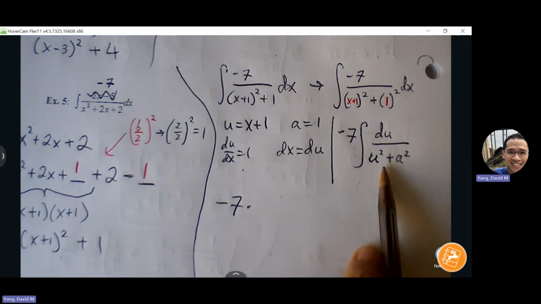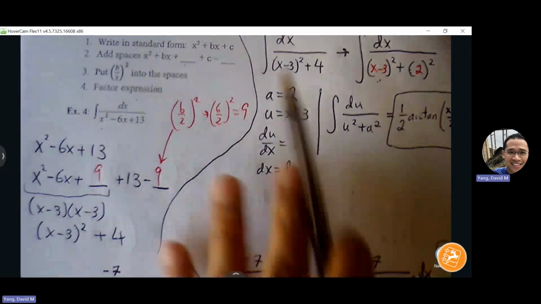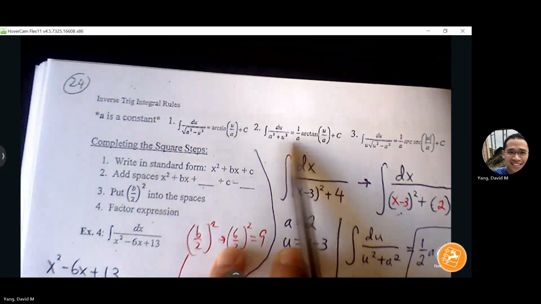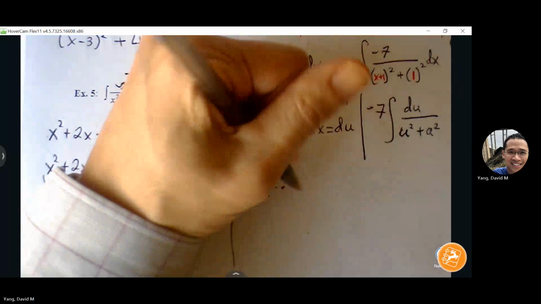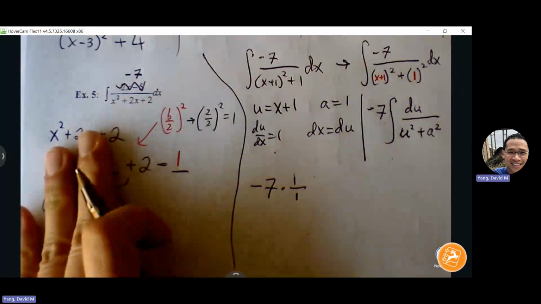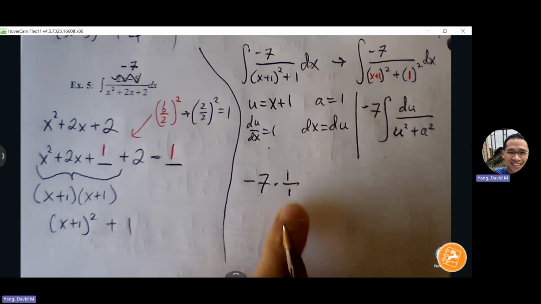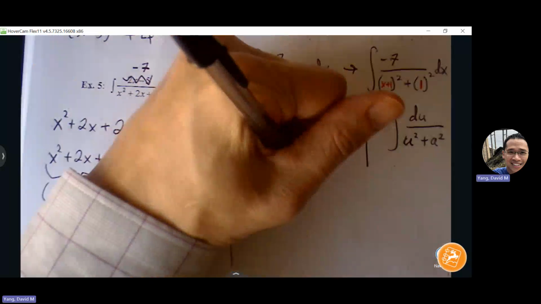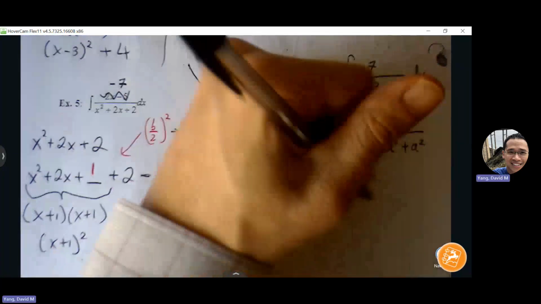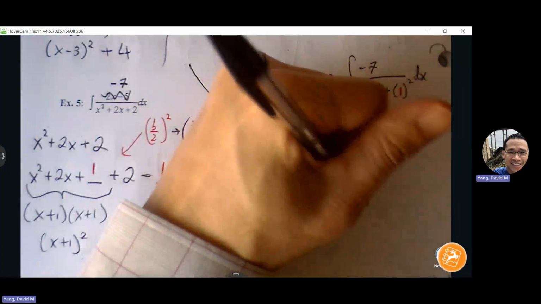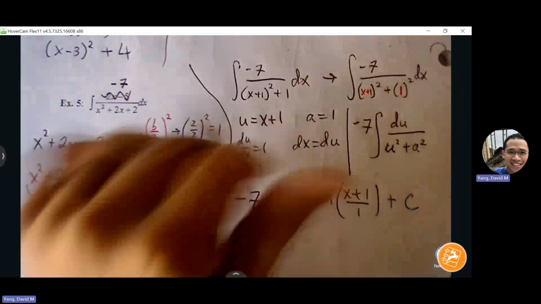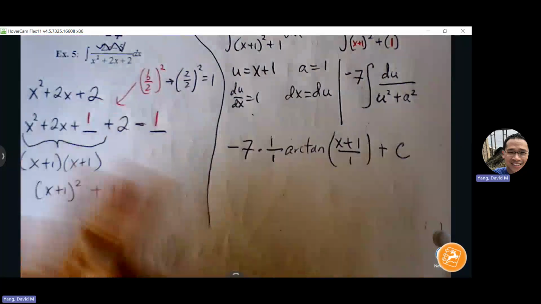before arctangent 1 over a, right? What's our a value? 1 over 1. Yeah, so you're right. Actually, we could have just jumped into arctangent since we don't need that 1 over 1. I just want to make sure that we are looking for that. Okay, arctangent of x plus 1 over 1. I can drop that 1 if you want, because divided by 1 is not going to make a difference. So this is fine.